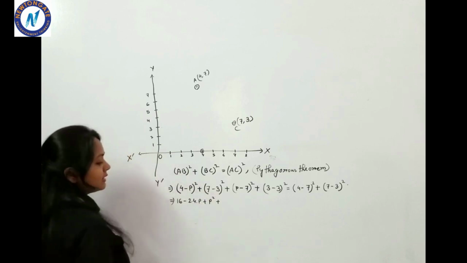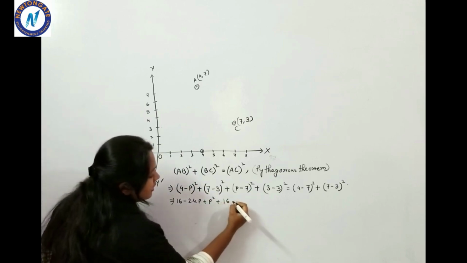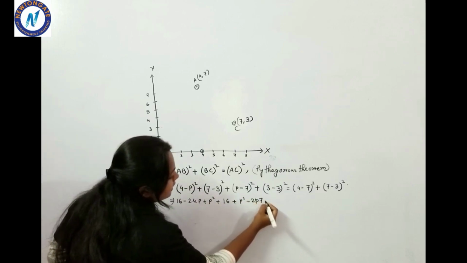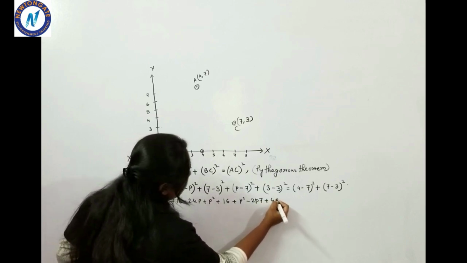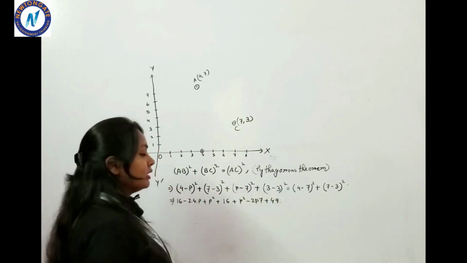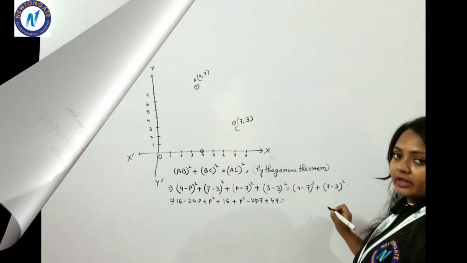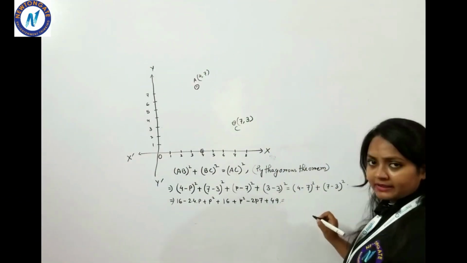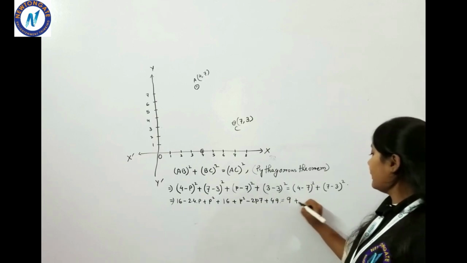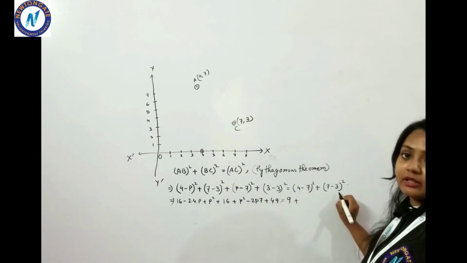Here 7 minus 3 is 4, 4 square is 16. Then P square minus 2 into P into 7 plus 49. 3 minus 3 is 0, 0 square is 0. Then 4 minus 7 is minus 3, and the square of minus 3 is 9, plus 7 minus 3 is 4.